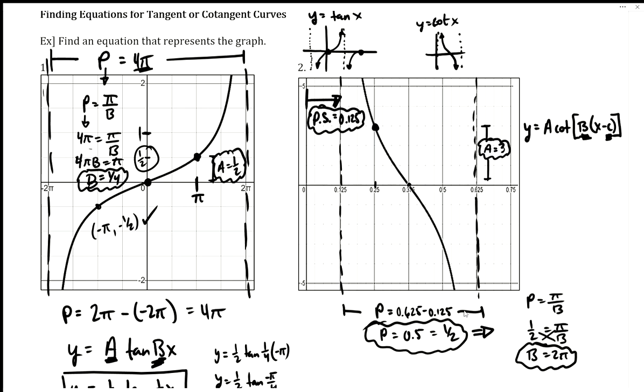Okay, so now we do have everything, and we'll just plug them in. So we've got y equals the A, which is 3, cotangent, bracket, 2 pi, parentheses, x. Our phase shift is positive 0.125, so that means keep it minus in here.